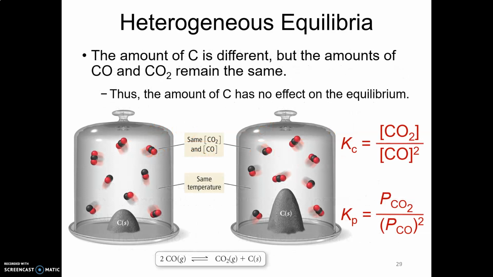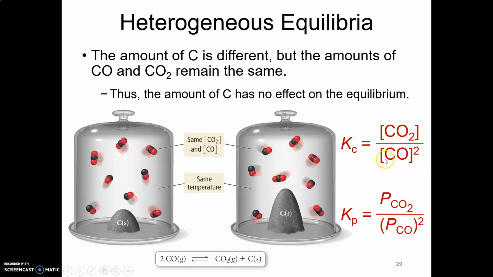So let's take a look at an example here. We have the equilibria between carbon monoxide and carbon dioxide, and we have some solid carbon as well. But the equilibria is between these two gas molecules. Yes, you could double the amount of carbon, but think about it: you just changed the volume for both of the molecules.